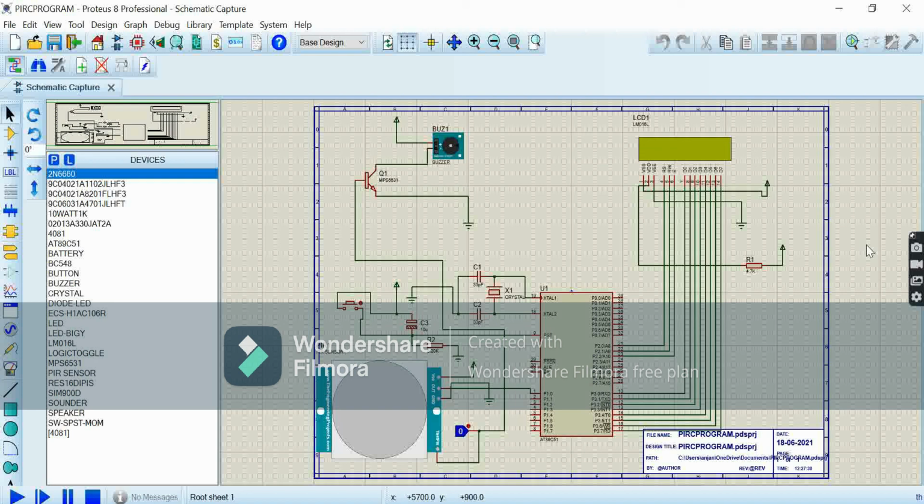So this is the outline structure of the circuit, and the various components are displayed. First we give the programmed version, which we have done in the Keil software, to the microcontroller, and we also have the programmed hex file of the PIR sensor, which is given as the input to it.